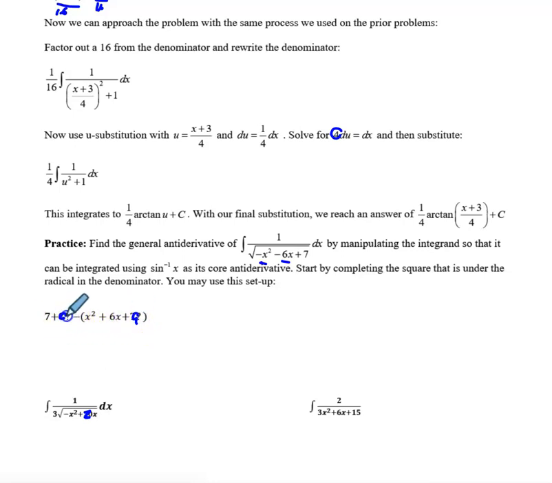And so I add a 9 out in front. So I have 7 plus 9 to maintain equality. That gets me to 16 minus, and then in paren I have x plus 3 all squared.